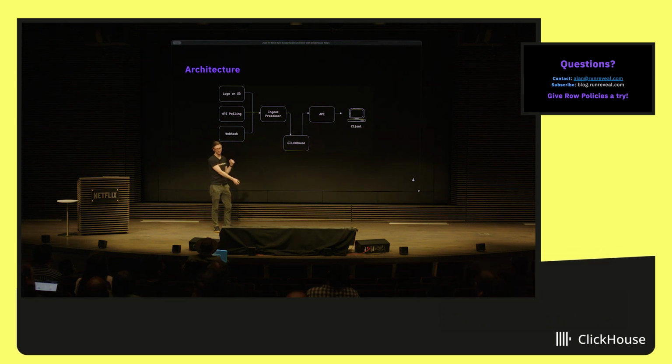Then we insert into ClickHouse as a single user. That writer user has permissions to insert into those tables at a broad level, right? So we don't have to worry about that at all, because we're not using the same user role that you need to read it. Does that make sense?